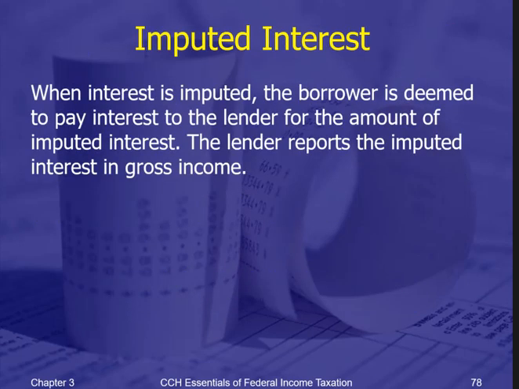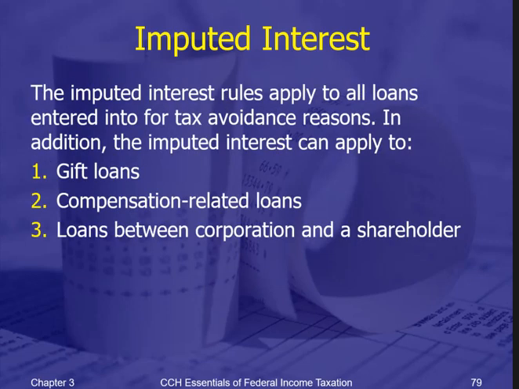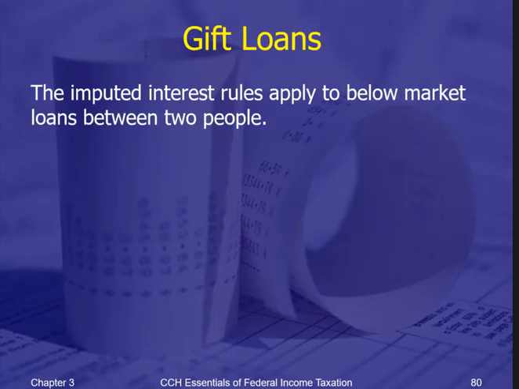Basically the idea is we pretend that interest was either paid or accrued. So three places that this may come up: gift loans, compensation loans for employees, and loans between a corporation and shareholders.